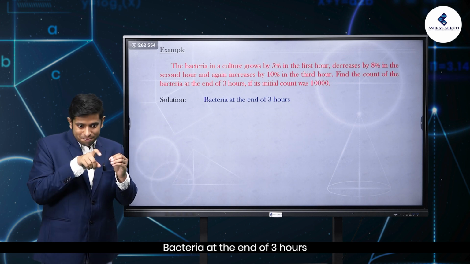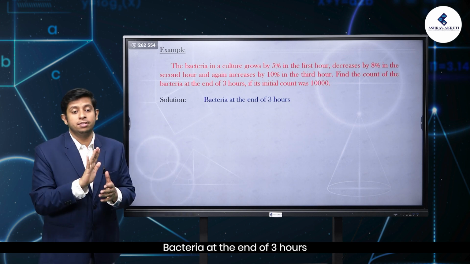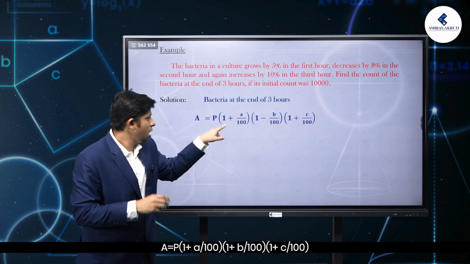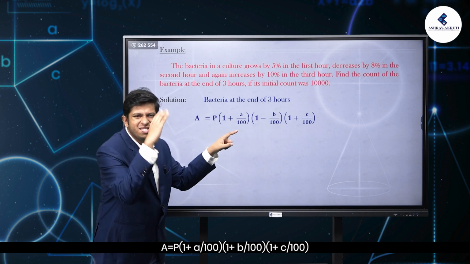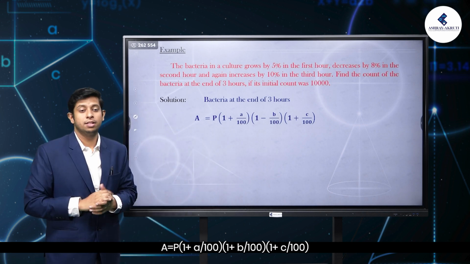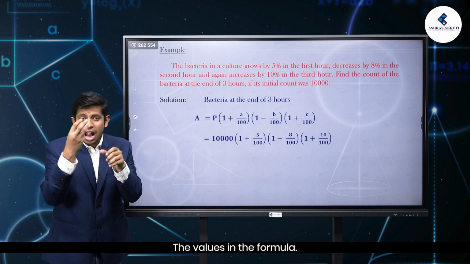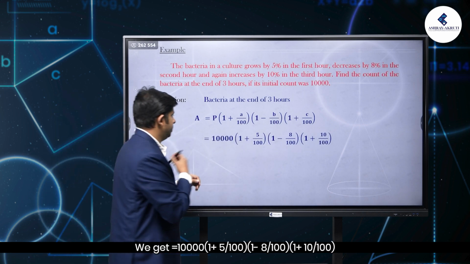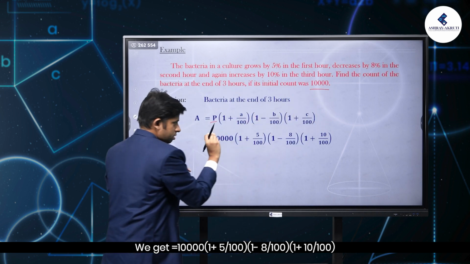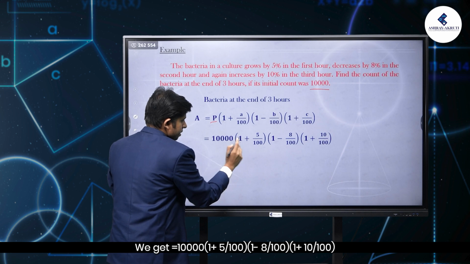Solution: bacteria at the end of 3 hours, A is equal to P into 1 plus A by 100 into 1 minus B by 100 into 1 plus C by 100. Now substitute the values in the formula. We get 10,000 into 1 plus 5 by 100 into 1 minus 8 by 100 into 1 plus 10 by 100.